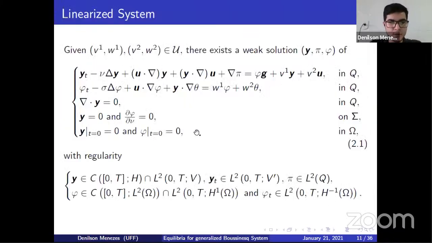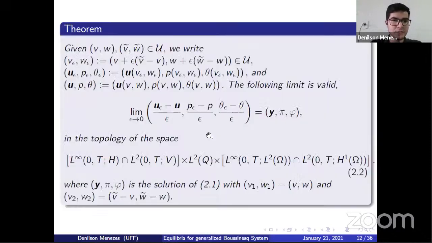Before I continue, I present the linearized system, that is the system for which we can find a weak solution in this space. And if you differentiate the control to state mapping, we find that the derivative is exactly the solution of our linearized system with these controls.